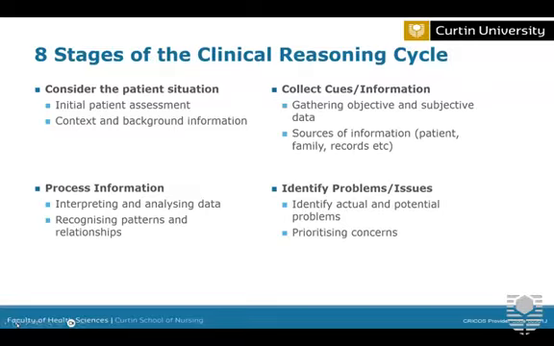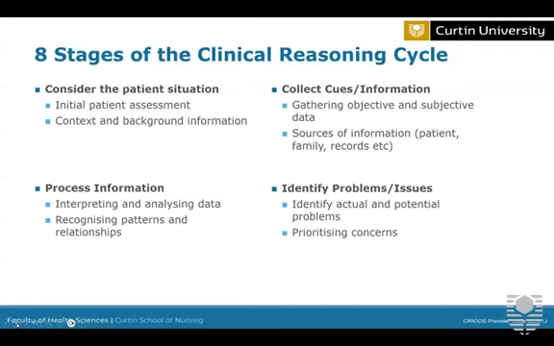Then we move on to processing information, and here we're interpreting and analysing data. We're recognising patterns and relationships within the data, because it's those patterns and relationships that are going to help guide us to identify the problems and the issues.